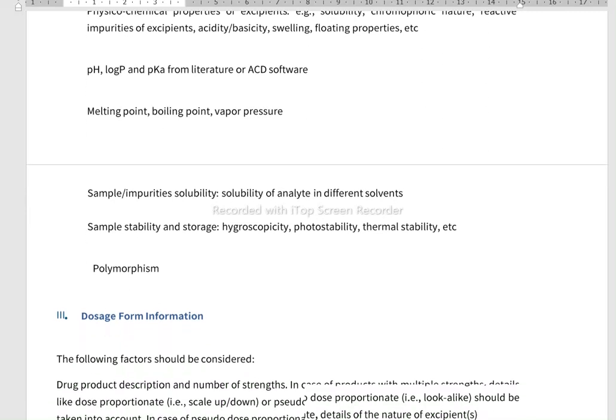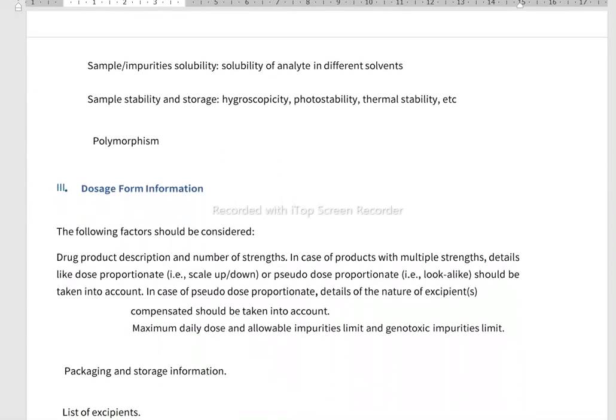Dosage form information. The following factors should be considered: drug product description and number of strengths. In case of a product with multiple strengths, details like dose proportionate, scale up, scale down, or pseudo dose proportionate should be taken into account.